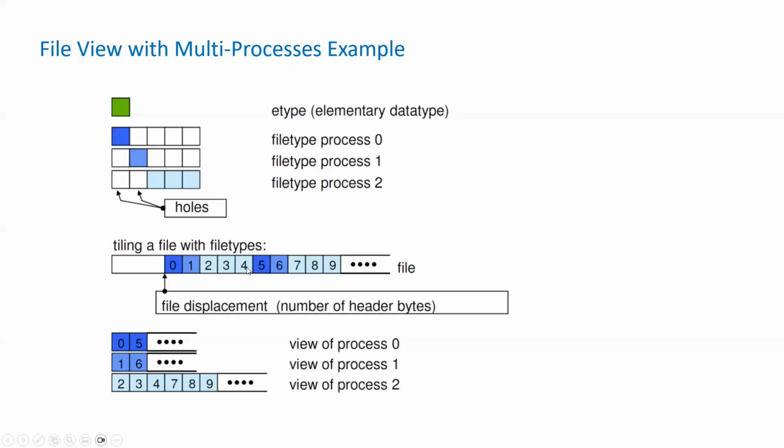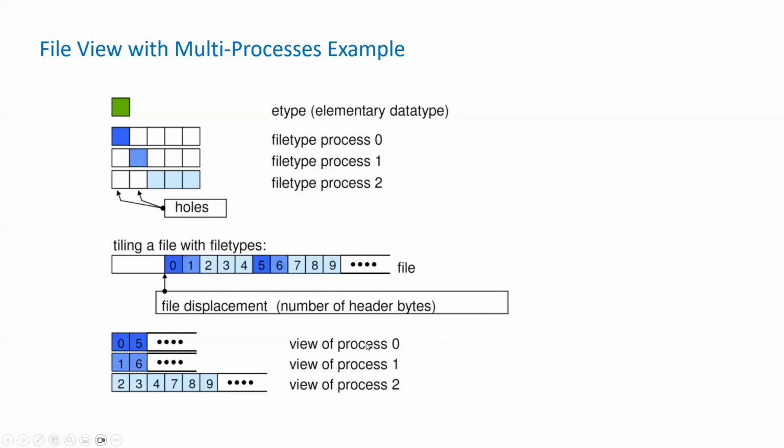This is one file type, and continue. So from the file view for a process, it only sees its own. Let's say the first one, then skip all the gaps, never take the second one.